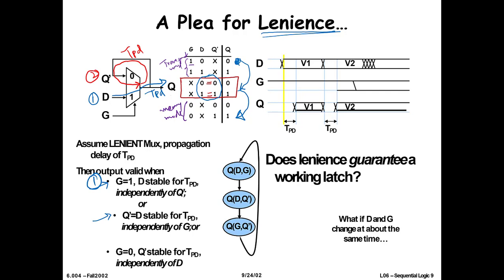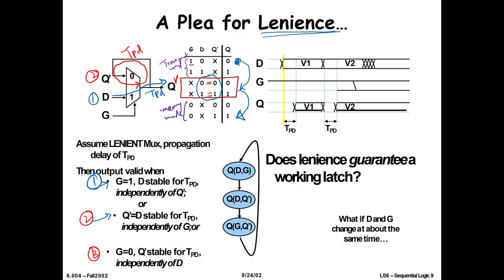Okay, so if you wait for 2 TPD, you will ensure that the value of gate is now don't care. Okay, so this is our second step, and in the third step you make G 0.